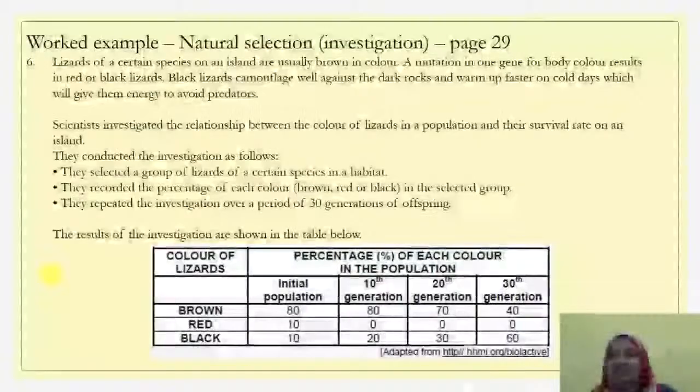They repeated the investigation over a period of 30 generations. Very important. The results of the investigation are shown in the table.